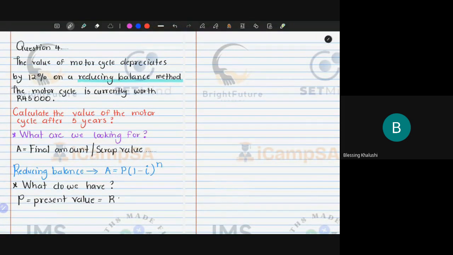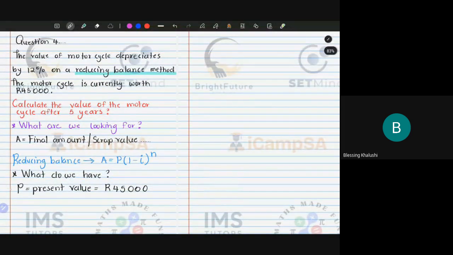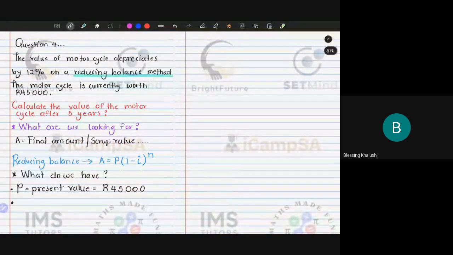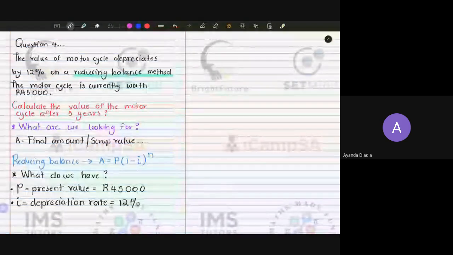On point, that present value is 45,000 rands. And what else do we have? We have the depreciation rate. On point. So don't say, guys, we have the interest rate. I is the depreciation rate, because this thing is depreciating. So don't make that mistake, okay? Which is 12%. What else do we have?